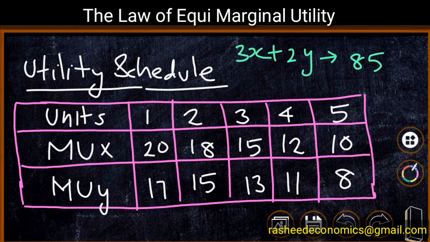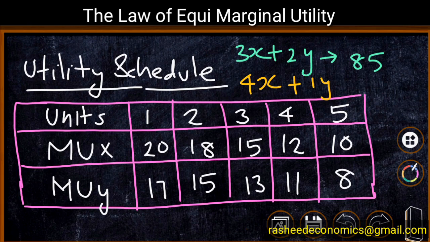Suppose he wants to increase the consumption of X by 1 unit, he has to reduce the consumption of Y by 1 unit. In such a situation, the combination will be 4X, that is, he has increased the consumption of X by 1 unit, plus 1Y, because he has to reduce the consumption of Y by 1 unit.